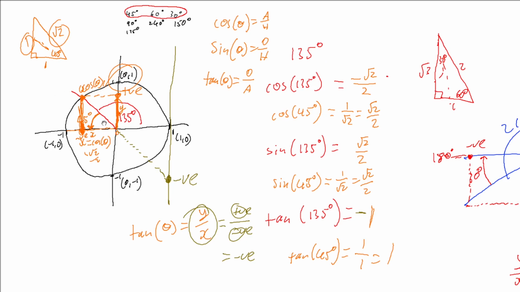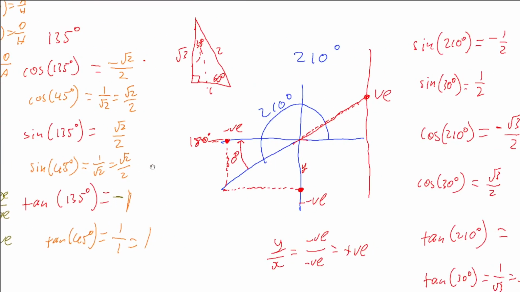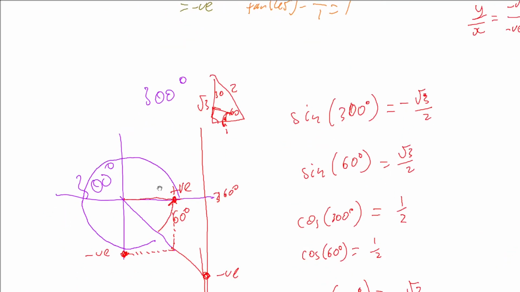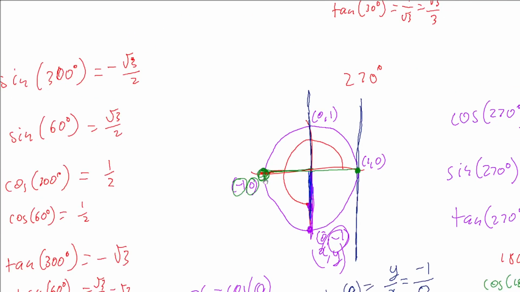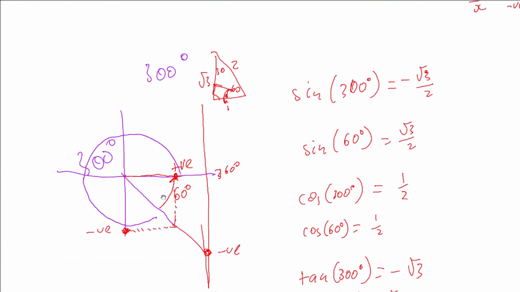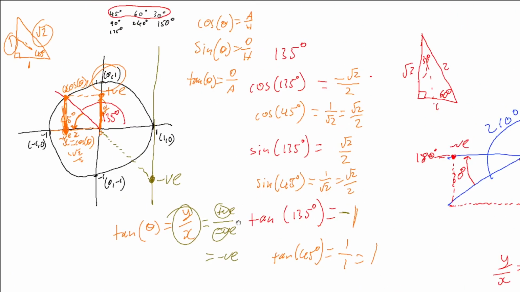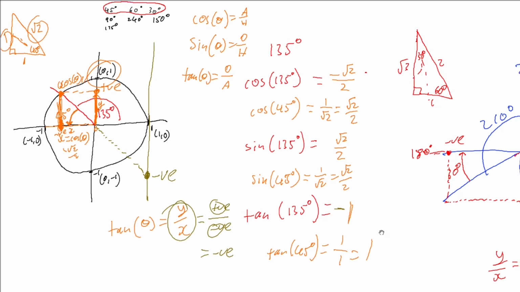Where is the angle? What's the shortest angle back to the x-axis? Then work out the cos, sine, or tan of that angle, and then think, is my answer positive or negative, depending on which realm of the axis I'm hitting for my x and y coordinate.